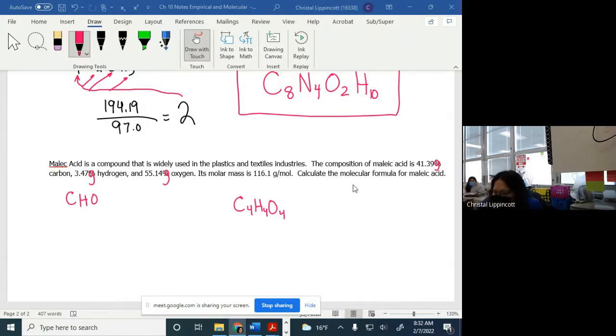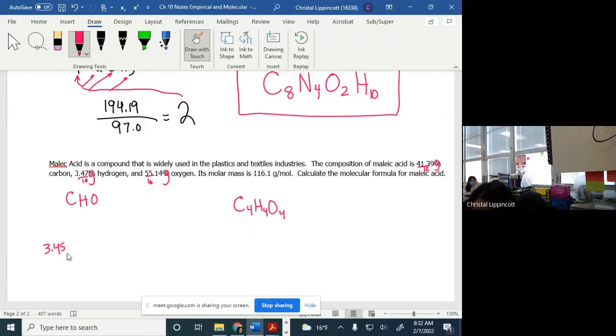All right, so I went and I divided each of these by their molar mass. This would be by 1, and this would be by 16. And then every one of those came out to be 3.45 or 47. So dividing by the lowest mole amount, every one of them comes out to be the same, and it ends up being 1.